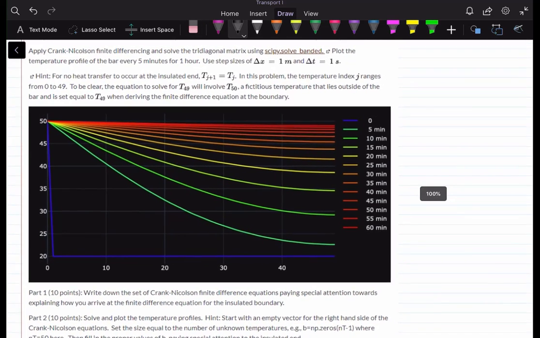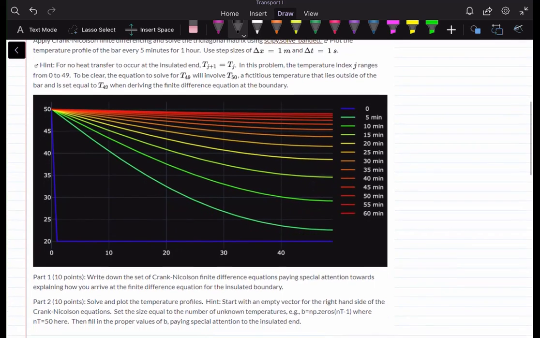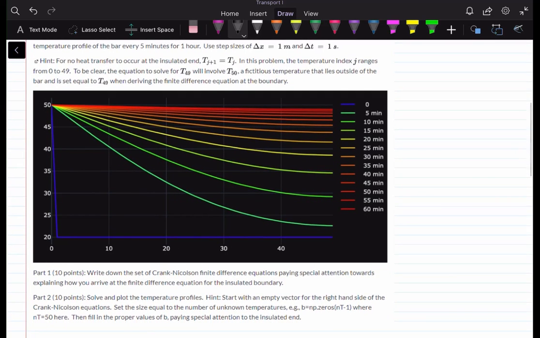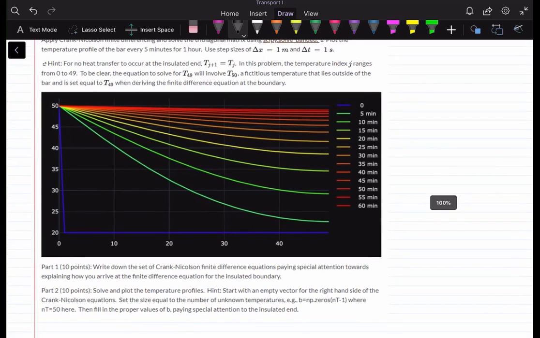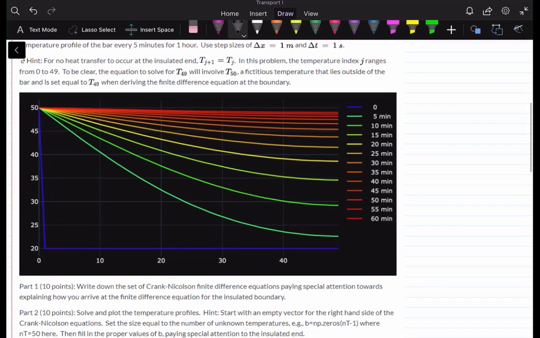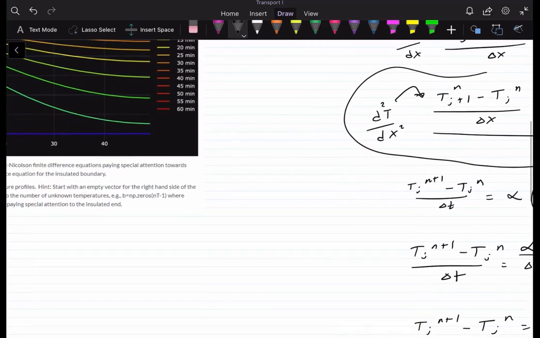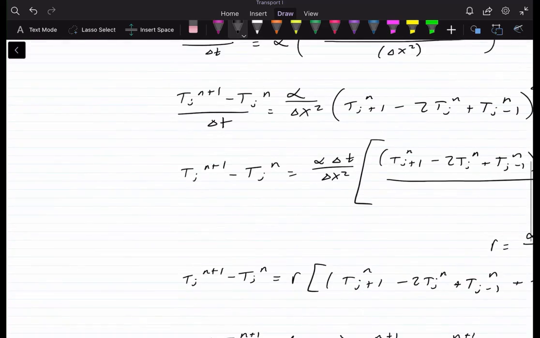So to solve for T49, the equation will involve T50. But the difference is that this is going to be your T50, and this would be your T49 in a sense.